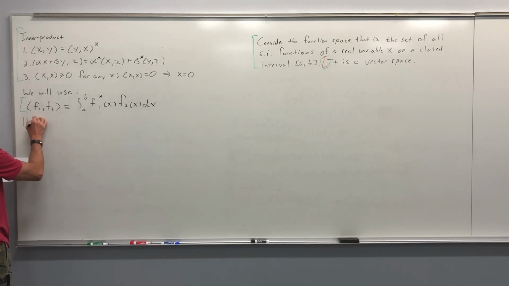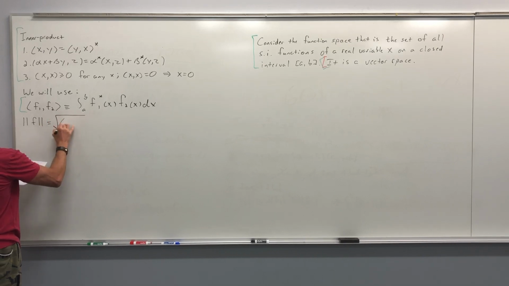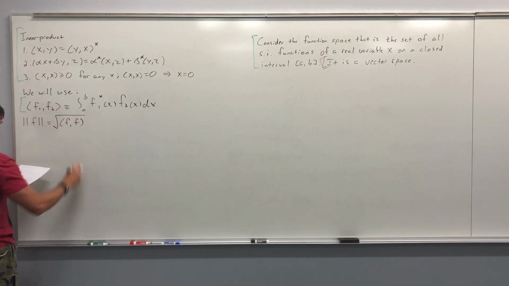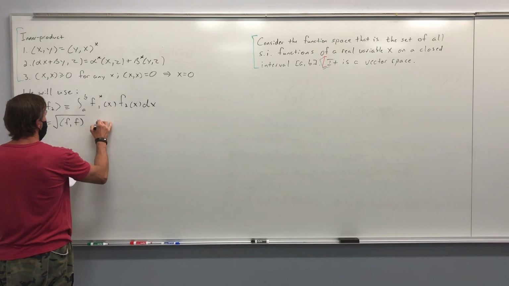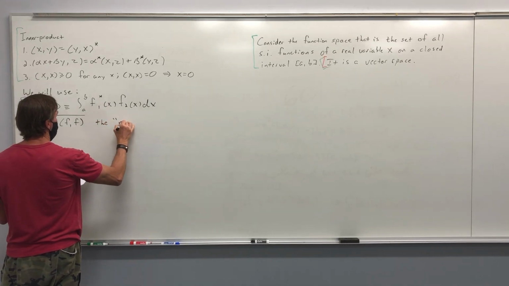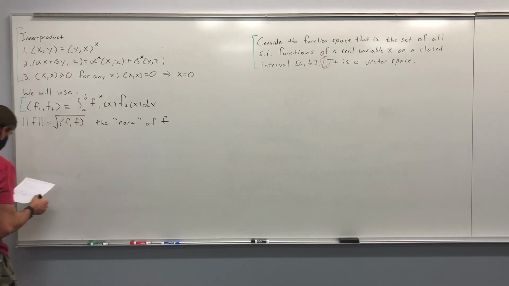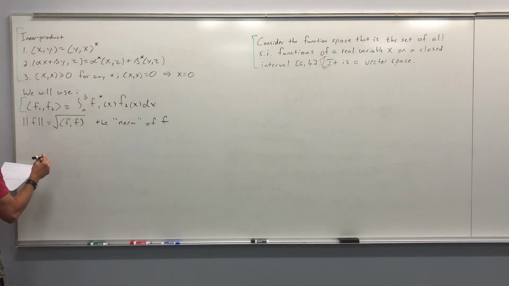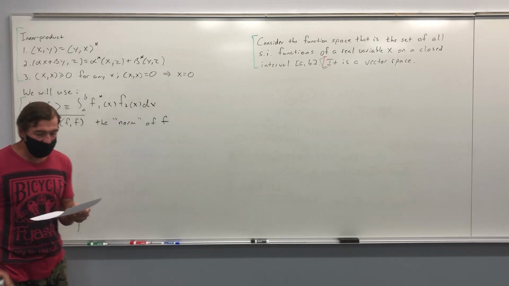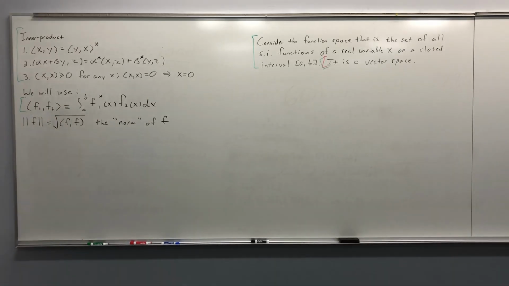So we can go ahead and define the magnitude of a function as the square root of the inner product of the function with itself. So this is the norm. And now what we can show is that the inner product of two different functions always exists and is finite.